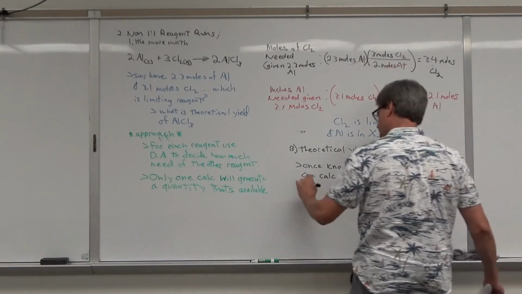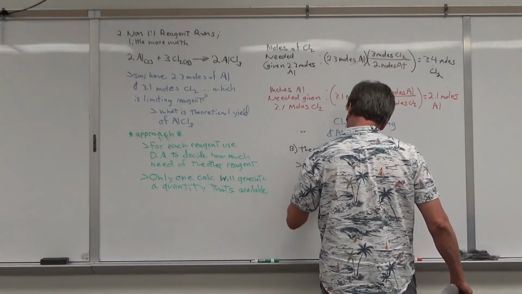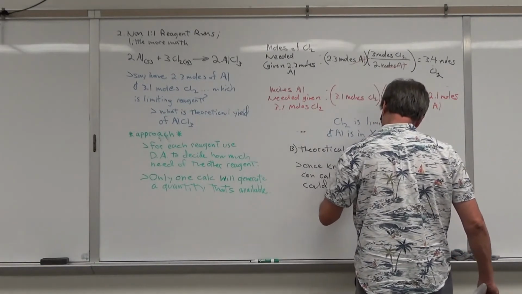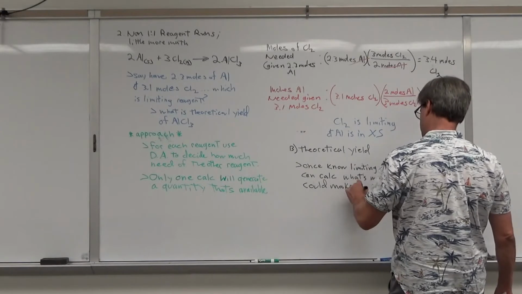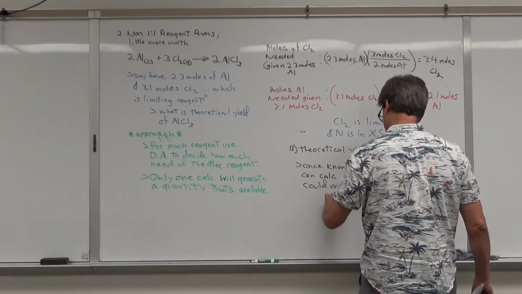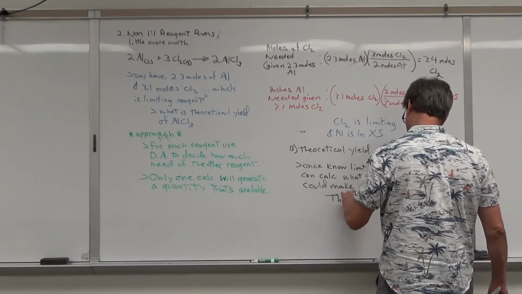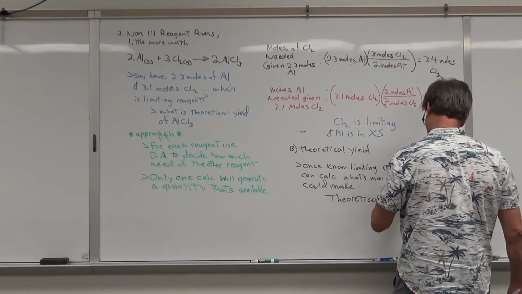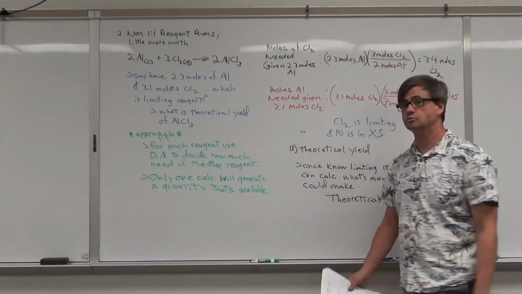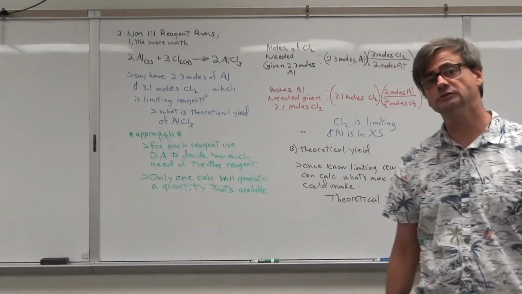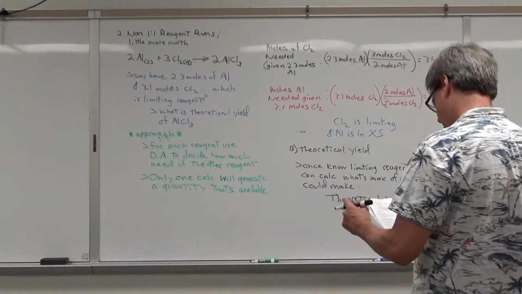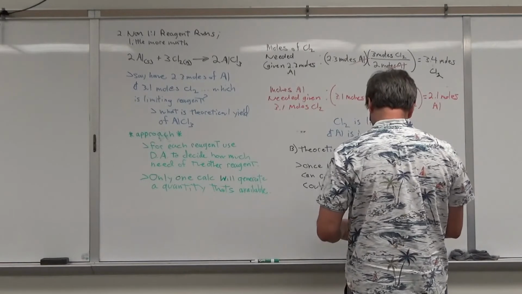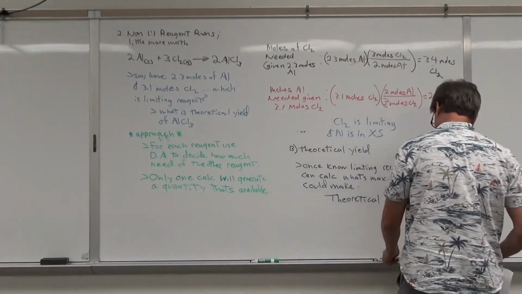Aluminum chloride we could make, that's theoretical yield. But notice, to figure out theoretical yield, I first had to be sure of what the limiting reagent was. And I'm actually going to do it for this problem above.